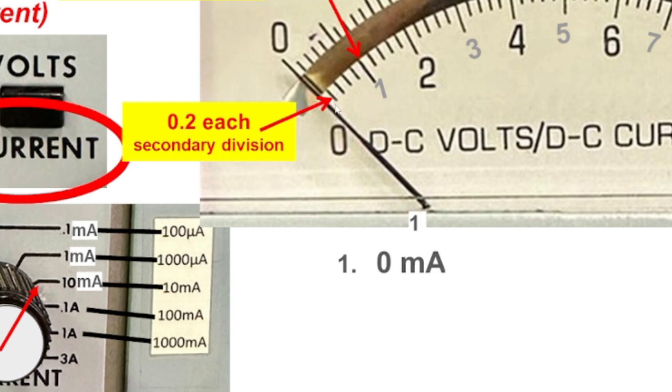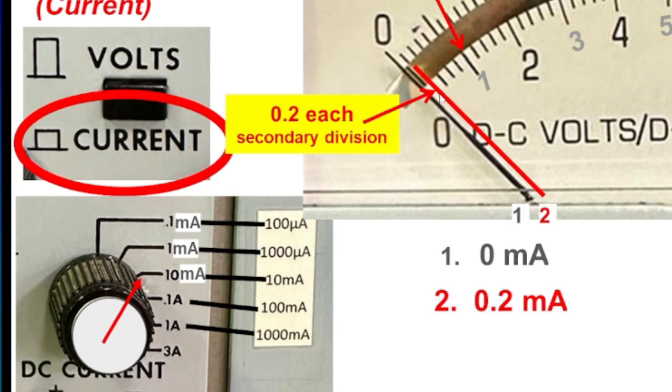Instead, you have to go down here, and as mentioned in the guide, this will be 0.2. Therefore, if the pointer is there, that will be 0.2 milliamperes. Now, to continue, we have the reading of 0.2 milliamperes. It's so easy.